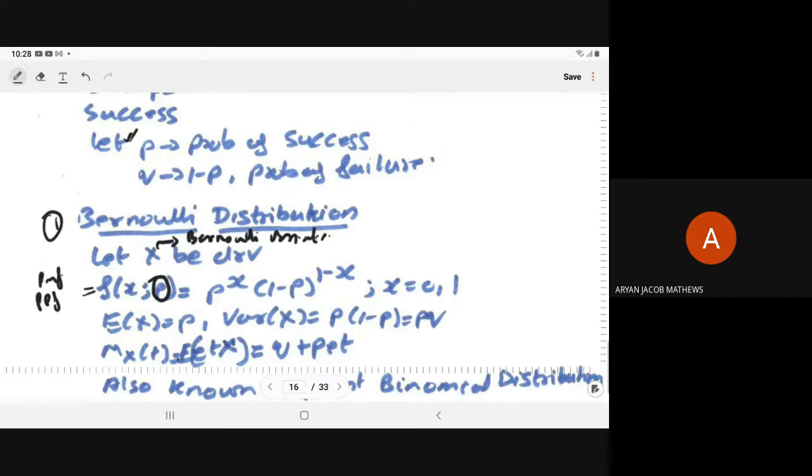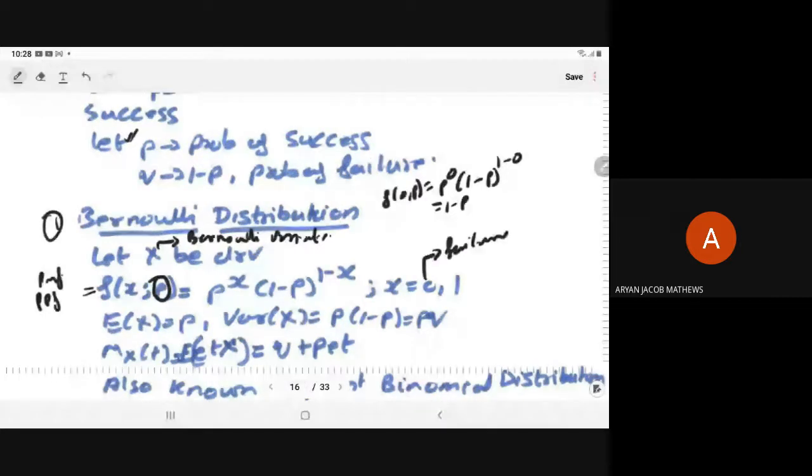For the Bernoulli distribution, when we put x equal to 0, f(0) is p to the power 0 times (1 minus p) to the power 1 minus 0, that is 1 minus p. So 1 minus p is the probability of failure. It means 0 denotes the failure.